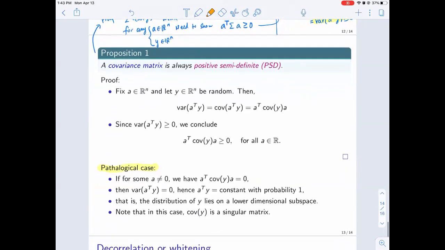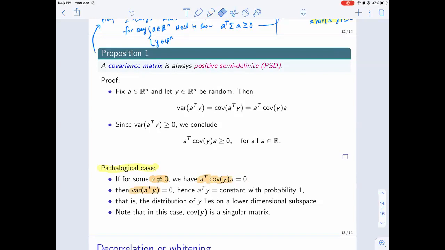So it could be that A transpose covariance of Y A is 0 when A is non-zero. In that case, the covariance matrix is not positive definite. It still is positive semi-definite, but it's not positive definite. So what does this case mean? I have a non-zero vector such that this holds, and we just saw that this side is equal to this side.